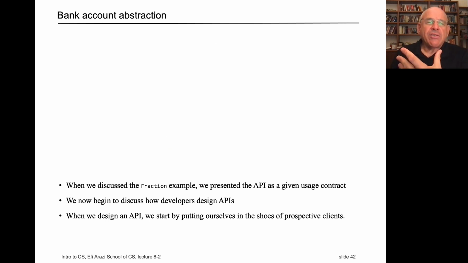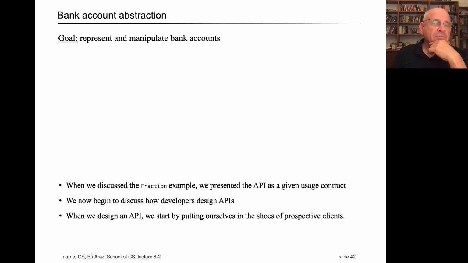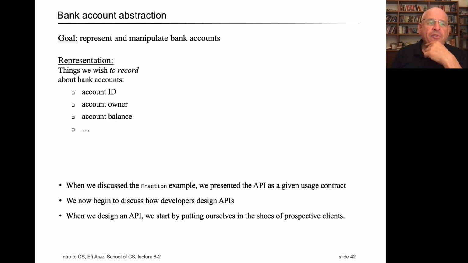So you have to ask yourself all sorts of questions. And the questions are, for example, what do we want to record about bank accounts? So obviously you need an account ID, an account owner, an account balance, but you may need many other different things, right?